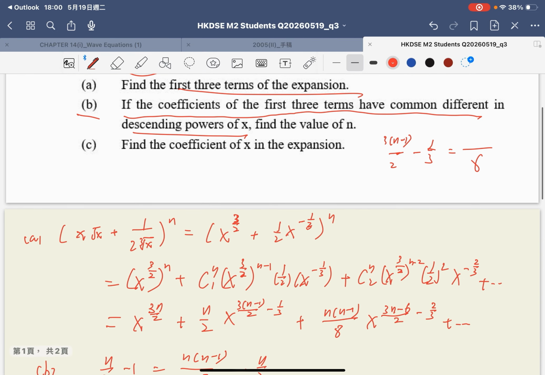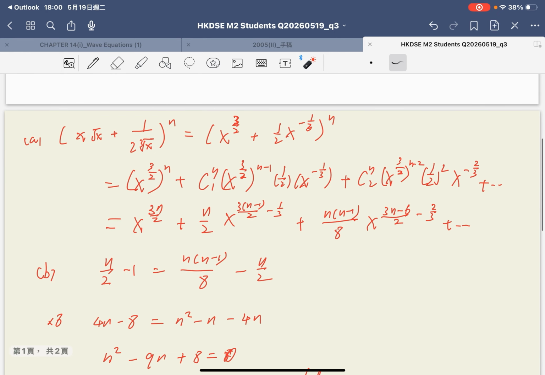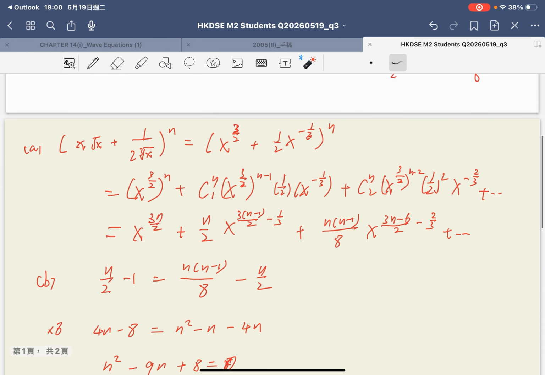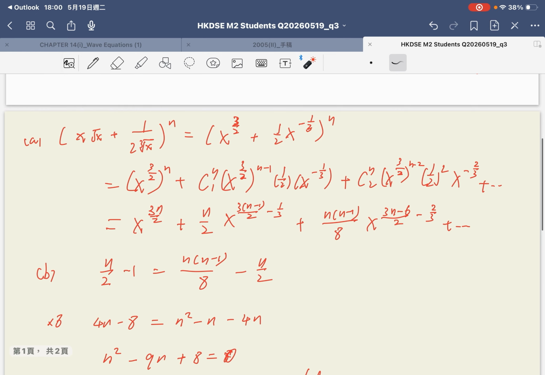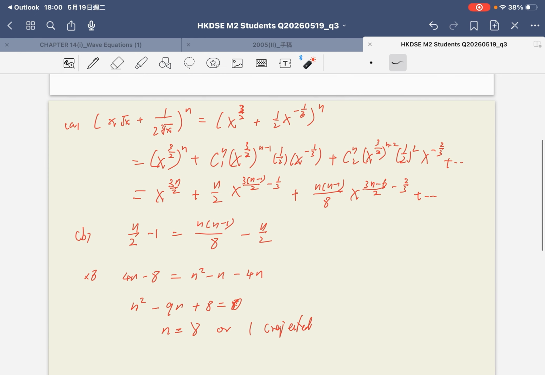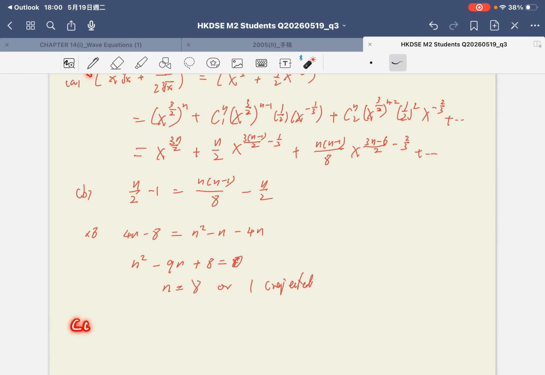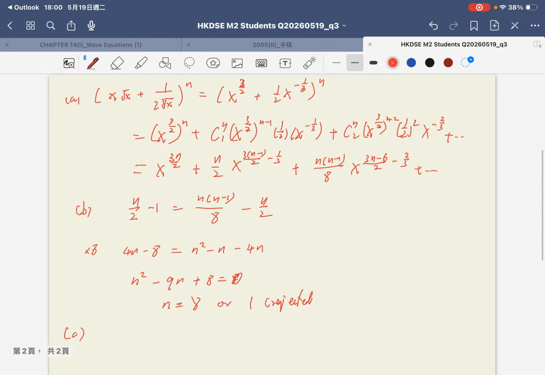In this case, we find the coefficient of x. The coefficient of x is very simple. Sorry, the coefficient of x, not that. So crazy. It means we have to calculate those terms: x to the power 3 over 2 plus 1 over 2 x to the power negative 1 over 3, to the power 8.